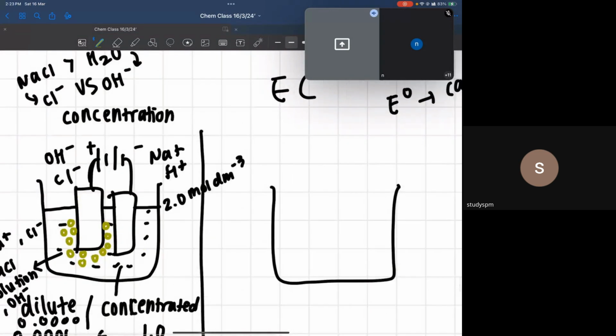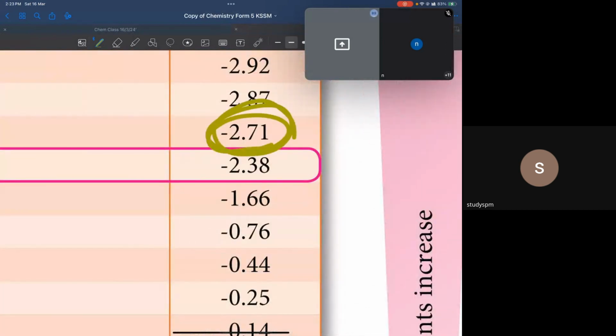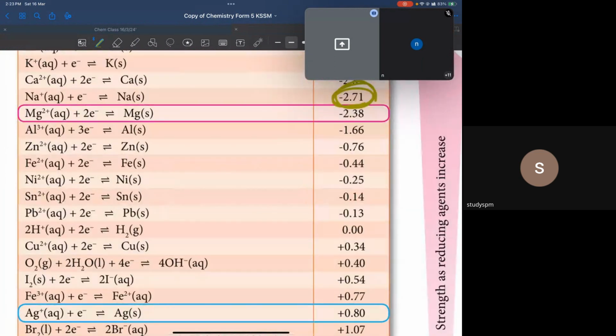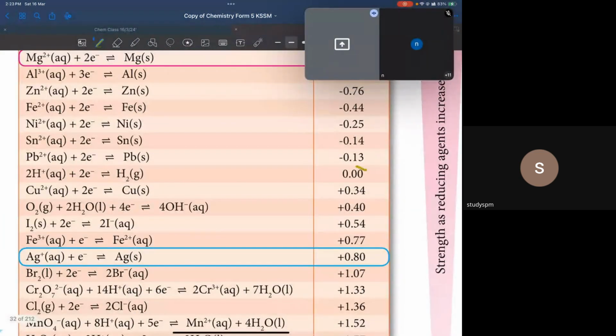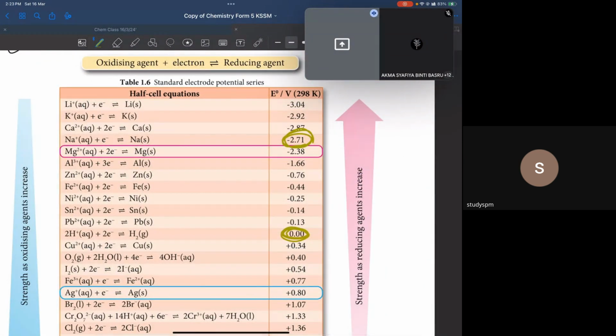Hydrogen and sodium. Okay, sodium is here, negative 2.71. And then hydrogen is 0. Right? And then reduction, always remember MPR. MPR stands for what? More positive reduction. Just memorise MPR. More positive reduction.